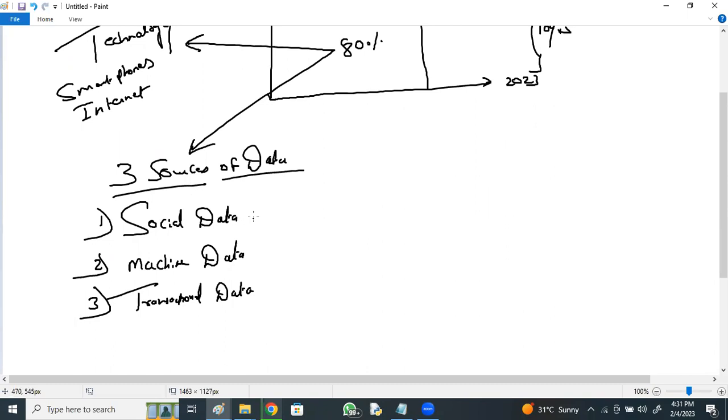Social data means data generated from social sites like Facebook, Twitter, YouTube. Machine data means data generated by reading or scanning barcodes and RFID chips. Whenever you go to a shopping mall, for the items you purchase, you get a huge bill. By scanning the barcodes, that kind of data is called machine data. Transactional data comes from day-to-day operations like telecom transactions and bank transactions.